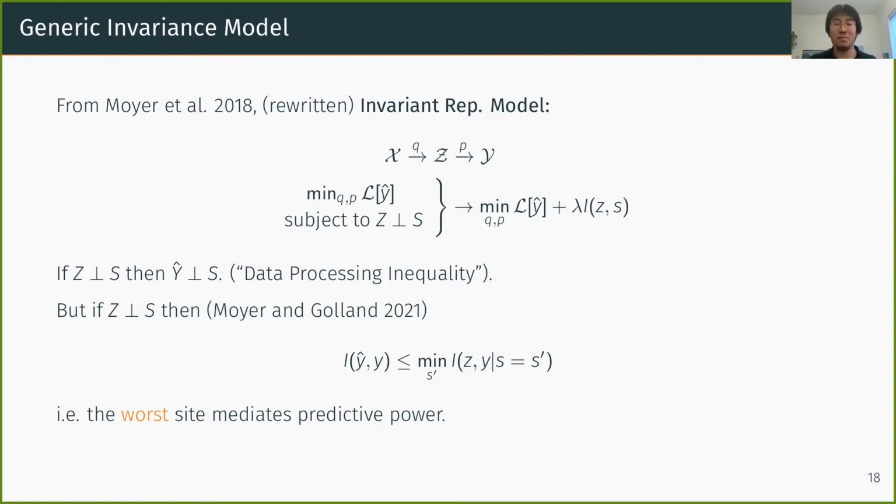Then the best possible Z that's also invariant cannot have any Y information. Otherwise, it would be site informative. So this is a duality of this invariant representation model. So these are some open problems.